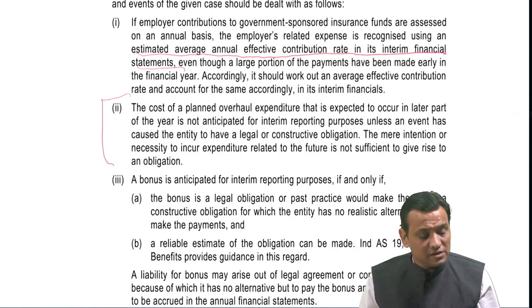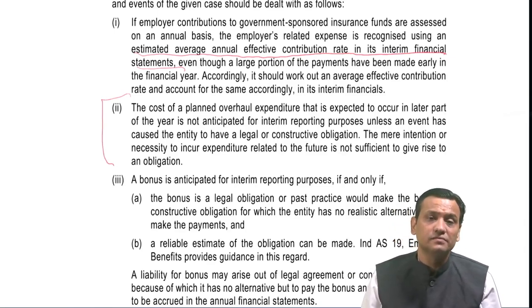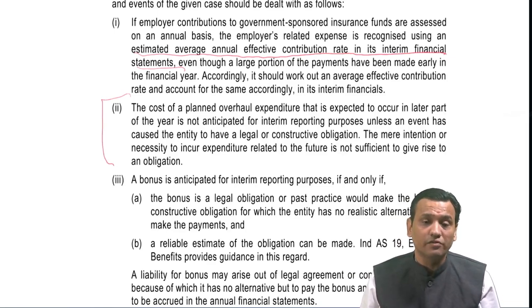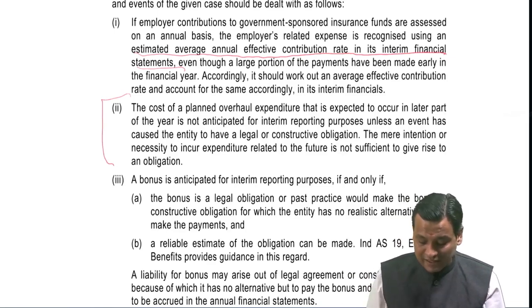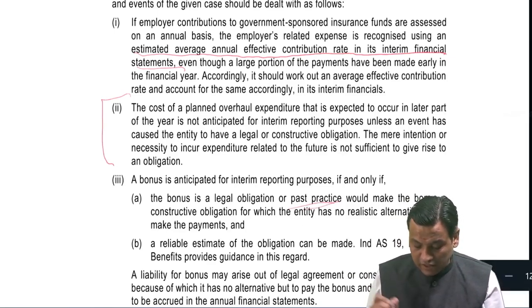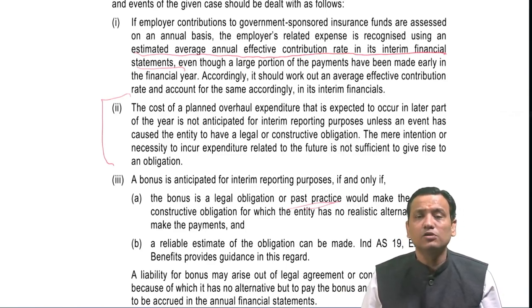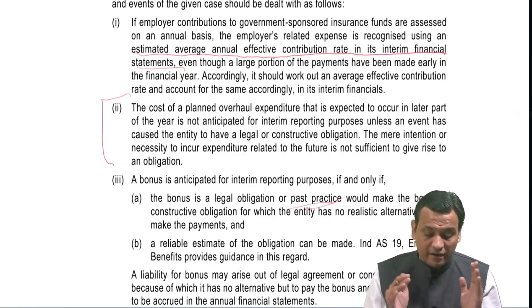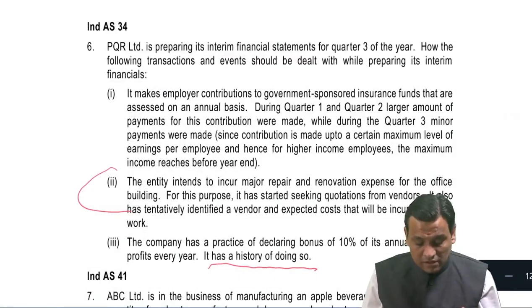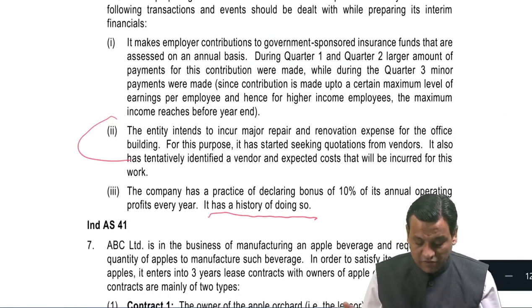As far as bonus is concerned, we should recognize the liability for bonus when there is a constructive obligation. Don't you think my past practice has created a constructive obligation? So we need to estimate how much amount of bonus is to be paid, in accordance with Ind AS 19, and recognize this as a provision in our financial statements.